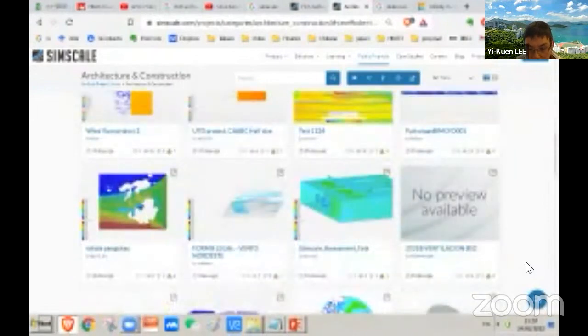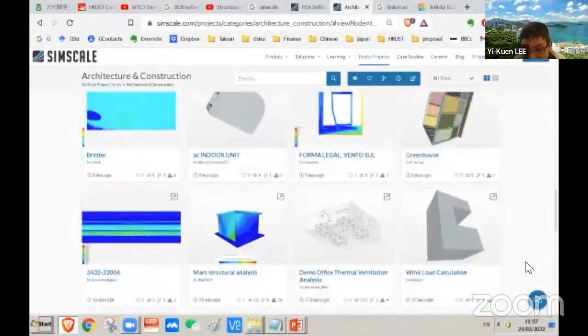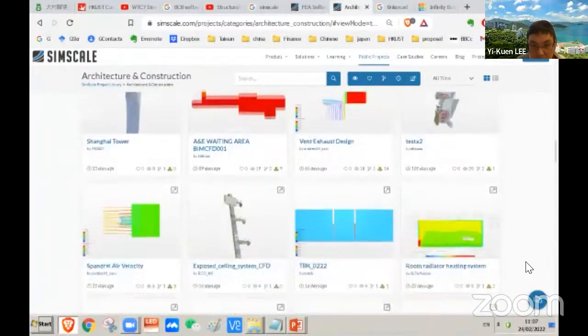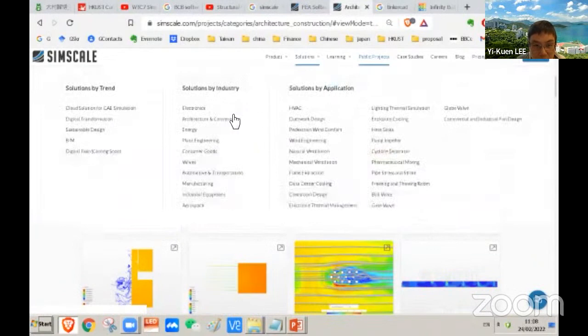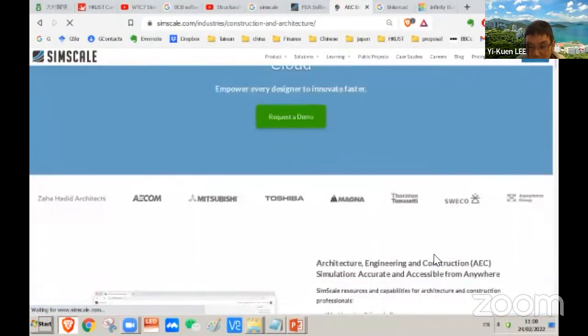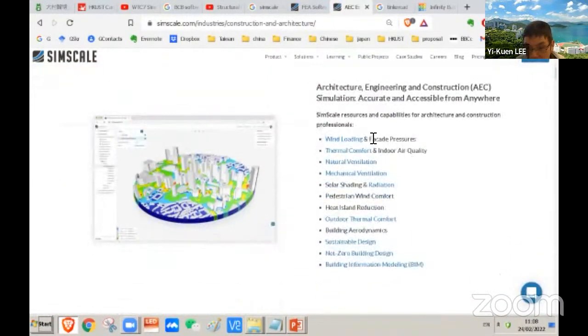have access to this kind of free online FEM simulation platform, and I think it's quite interesting. Before, I could never imagine that engineers could easily access this kind of free software to do design, such as studying wind loading, ventilation, and mechanical design.